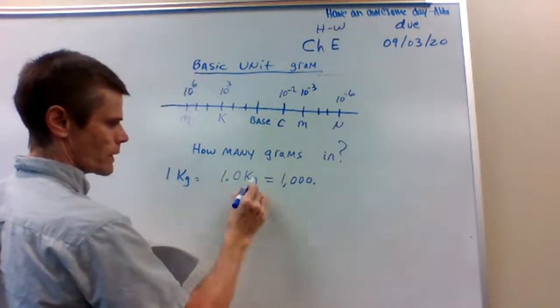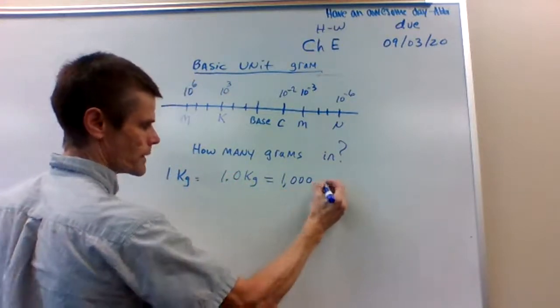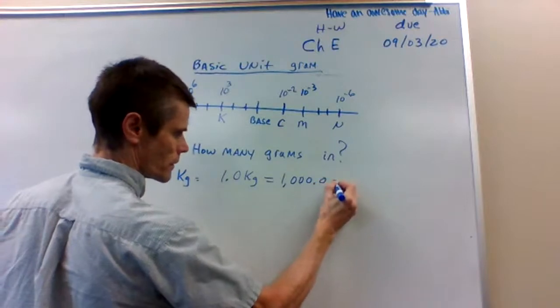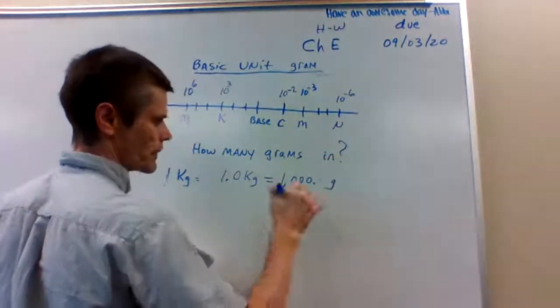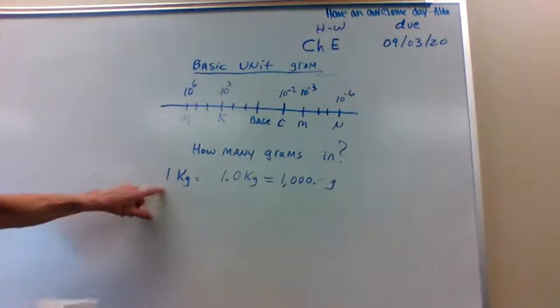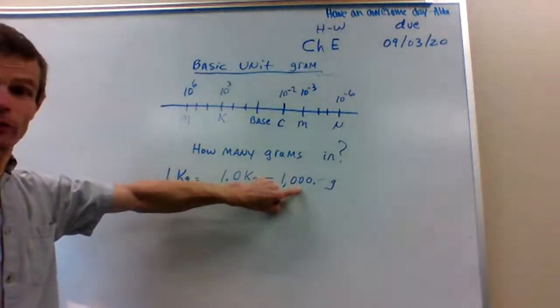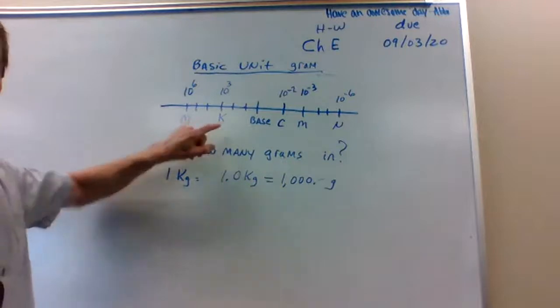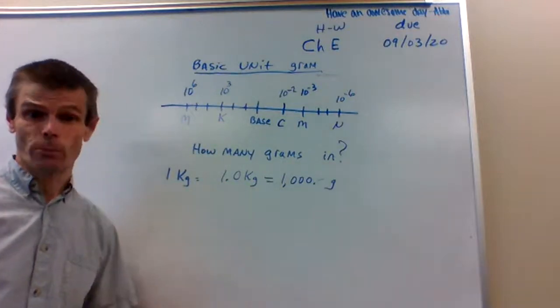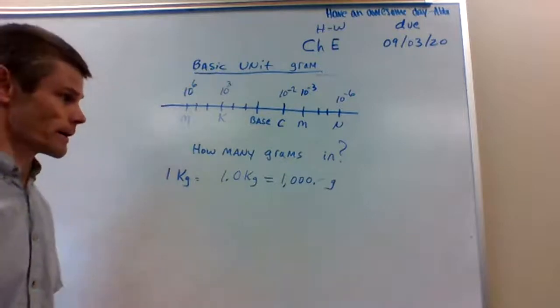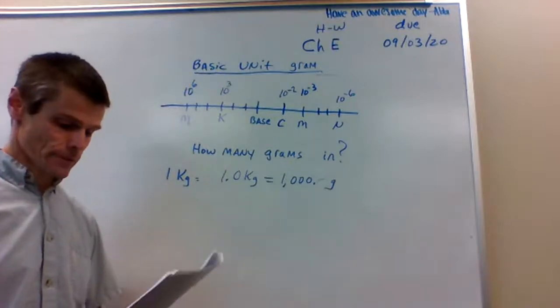I'm just going to leave it like that. We'll talk about significant figures. 1 kilogram has 1,000 grams. That's using the horizontal scale. You could also verify this using our mnemonic that we talked about in our last few minutes.